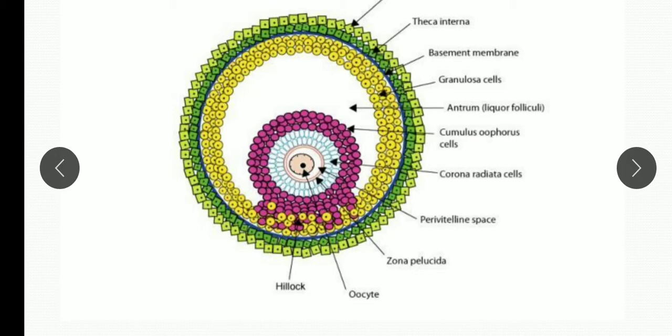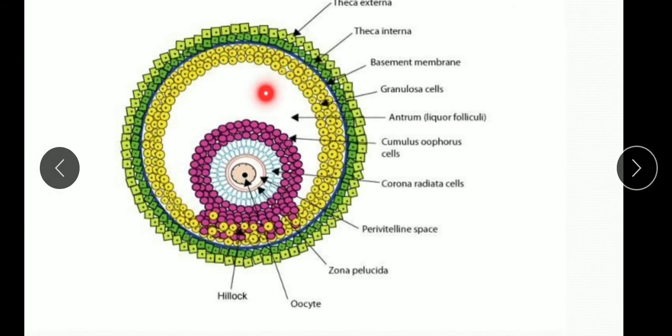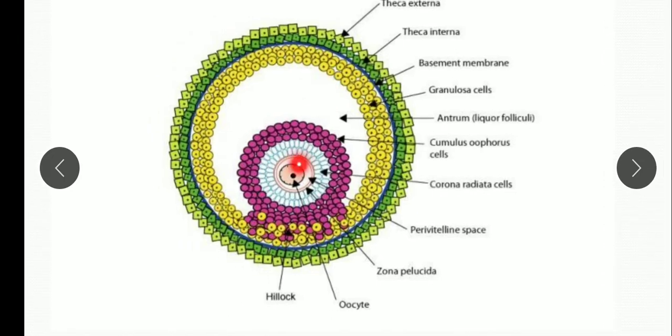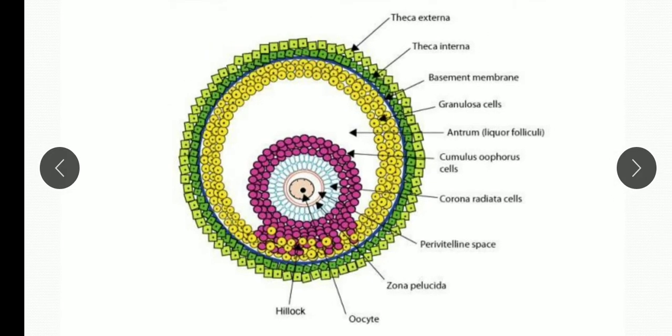At this stage, the fluid filled follicle is known as the tertiary follicle or the Graafian follicle. The fluid and the cavity separate the primary oocyte from the surrounding granulosa layer, because the granulosa layer is outside and the oocyte is here in the center.